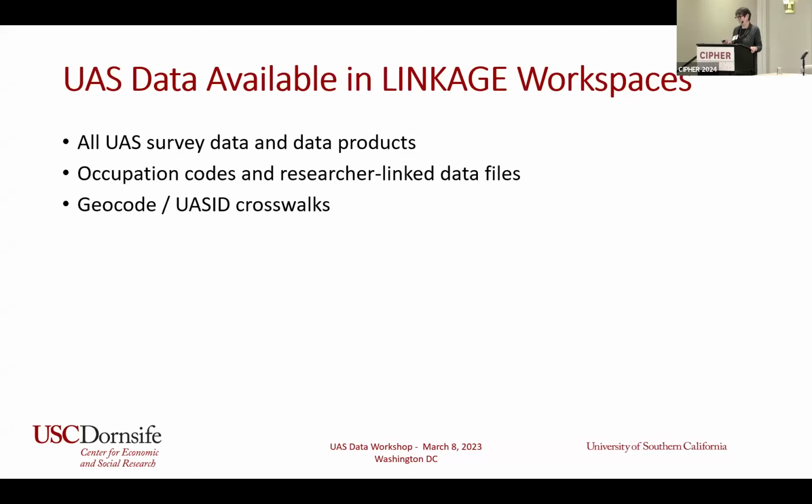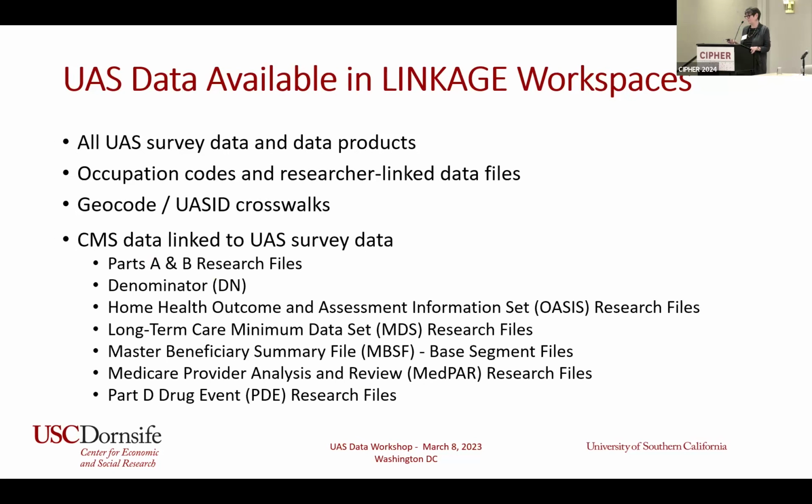Mentioned the geocode and UAS ID crosswalks to be able to do that linking, and all the various kinds of CMS data that are available. All of this is on our website. If you go to that tier 3 site that I showed you, you'll see these lists.